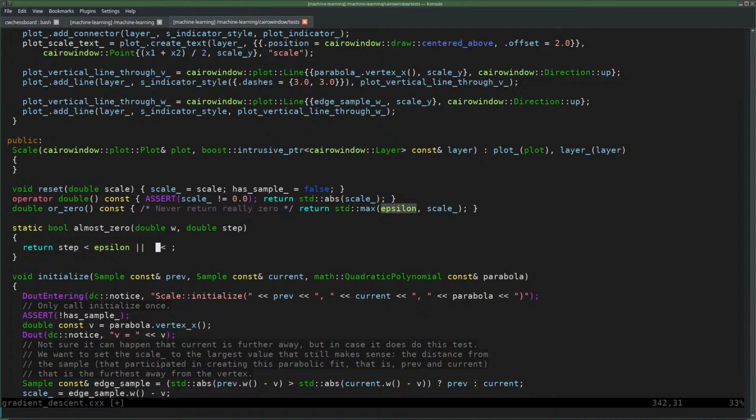I'm deleting the wrong thing. If step is less than something small times W. Something small being, yeah, I don't know. A millionth, I think, is already small.